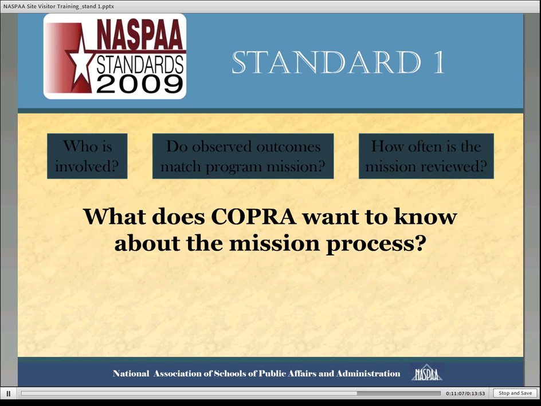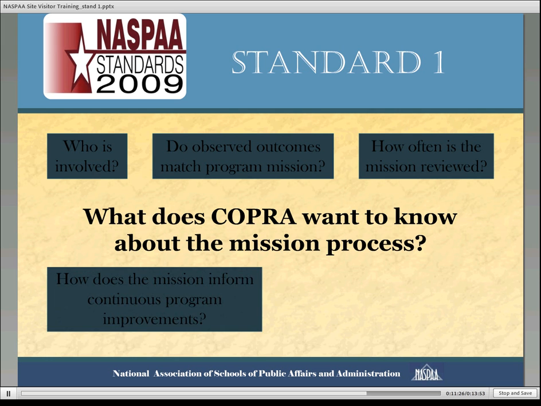You might judge that doing it once every 6 or 7 years is a rather long time, but it's something that the site visit team would talk about. But the main thing is you're looking for a regular, consistent process for reviewing the mission, collecting information from different stakeholders, and updating the mission as a program's environment changes.